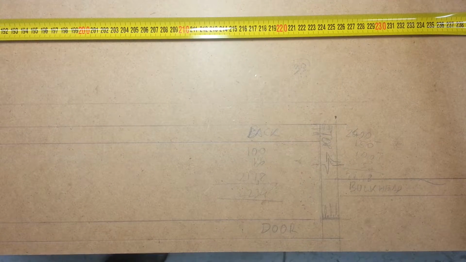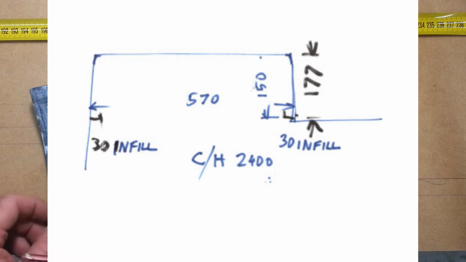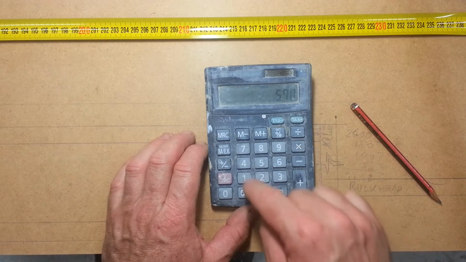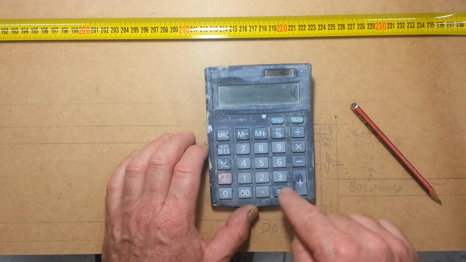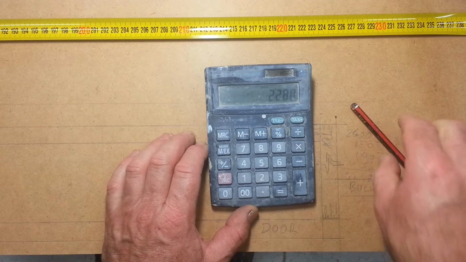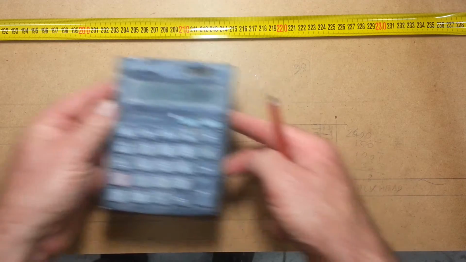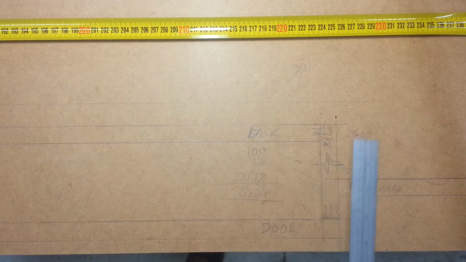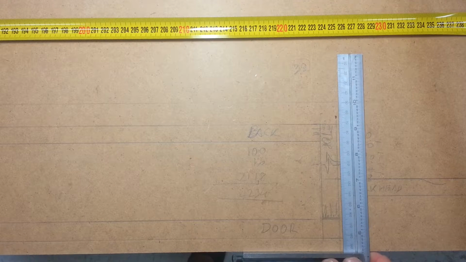Okay. Now, the width we had with our little kludge was 570 times 4. 2280. Okay, so 2280 is nearly the same as our other bits. Now this is the width of the wall, the opening.